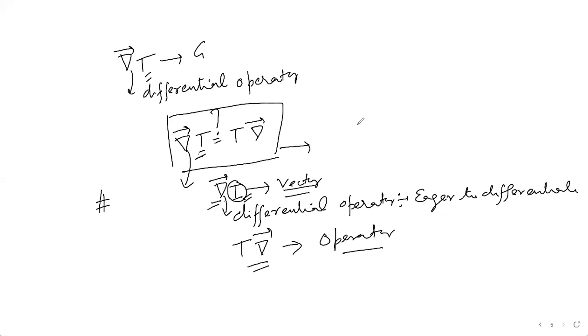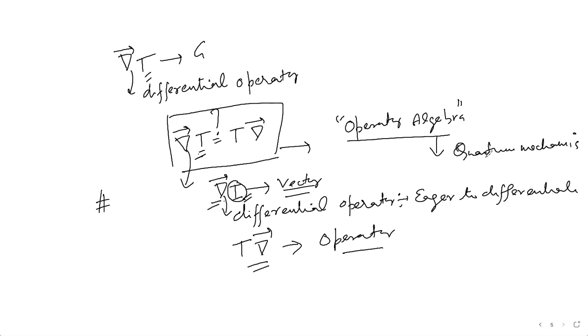That's why operator algebra is a bit tricky, so be cautious right now. You will see the forms of this operator algebra very frequently, basically in your quantum mechanics. You will see in a while as you go forward. So we should be really careful dealing with those sort of things.